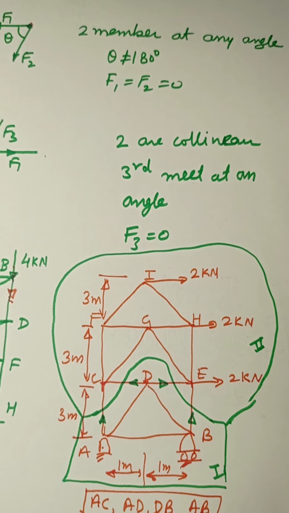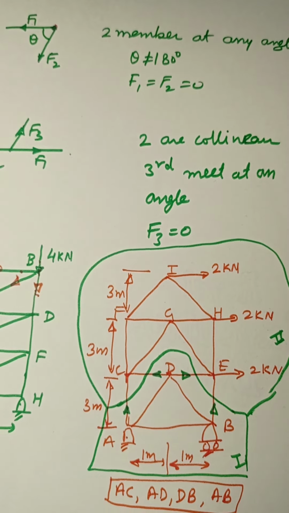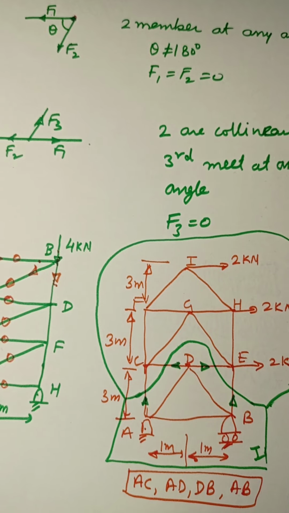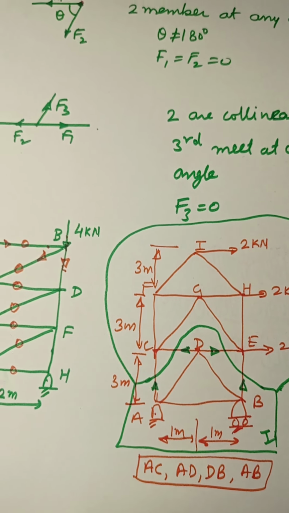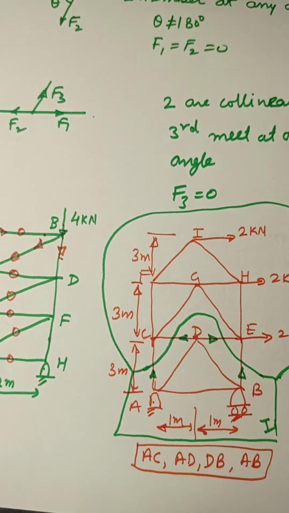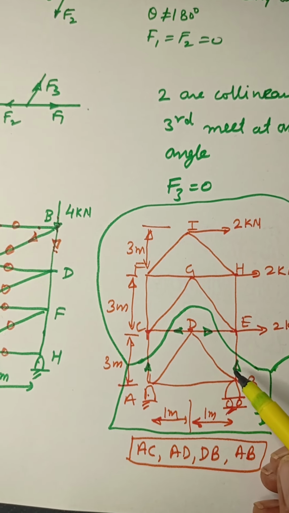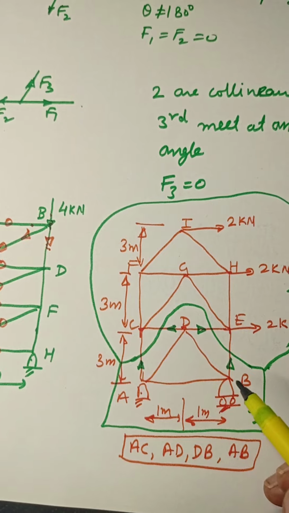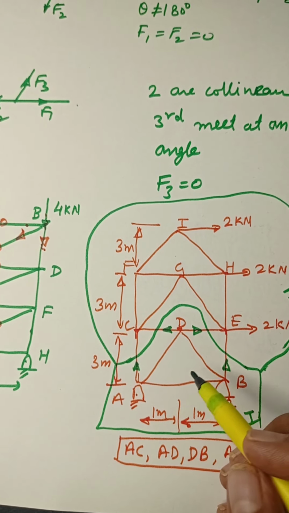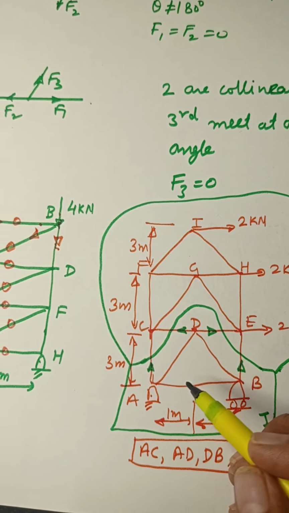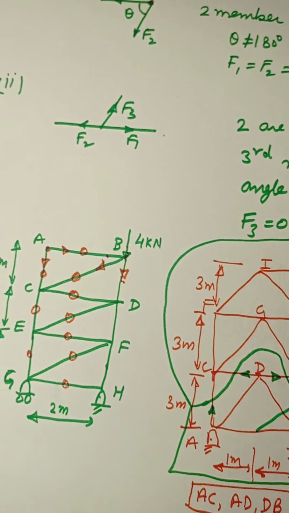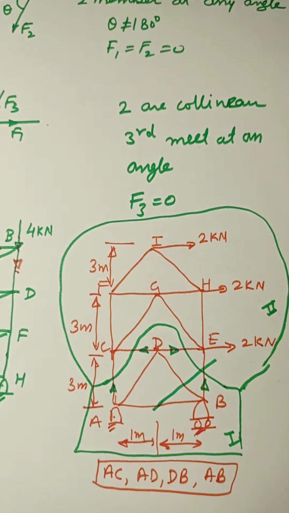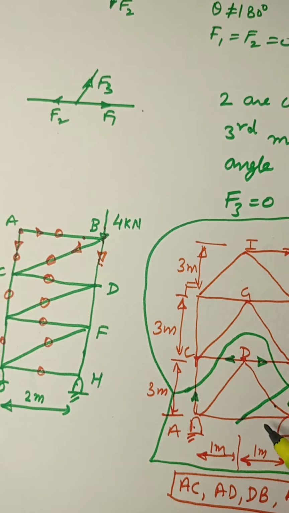Once we have got these two forces, we can implement the method of joints at points A and B, because out of these three members we have identified one, and the reaction we have calculated earlier. So now we can use the method of joints here, or we can cut the truss like this to determine the forces in this and this member.